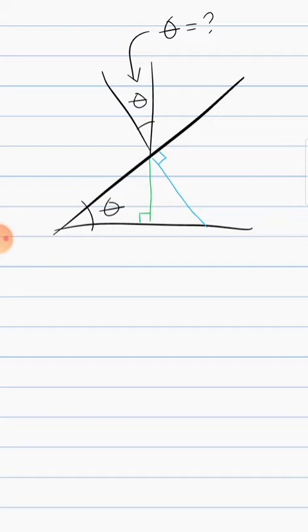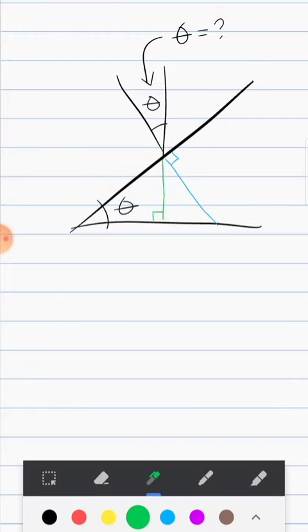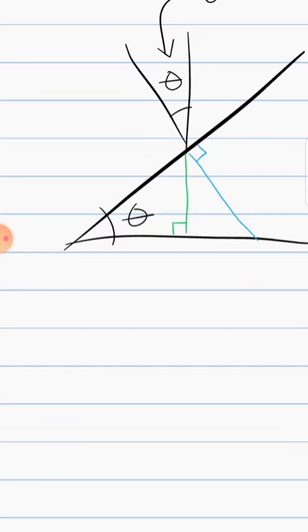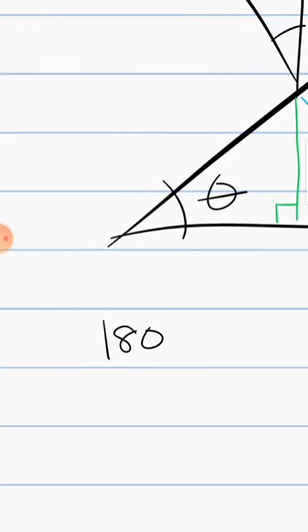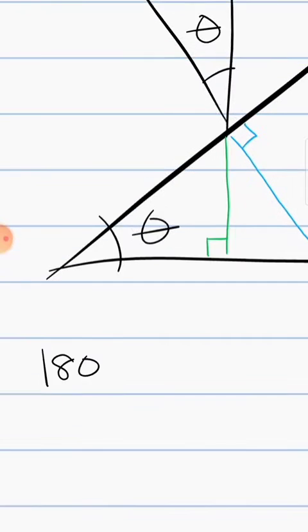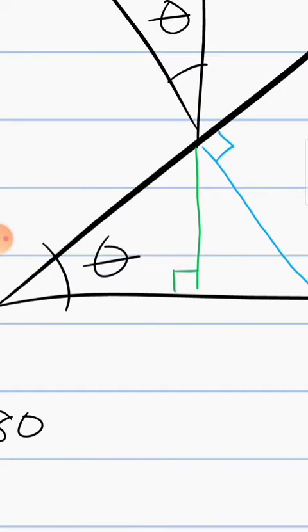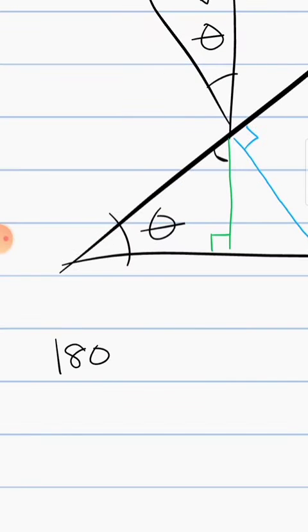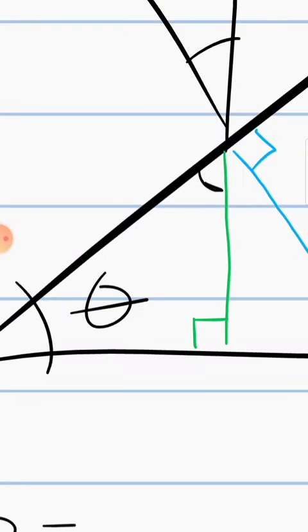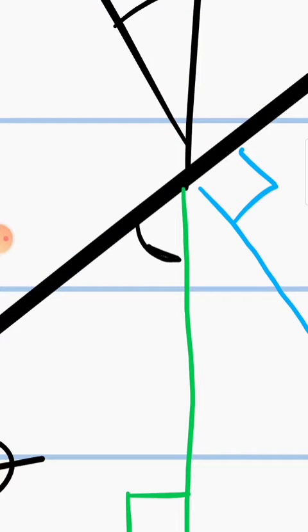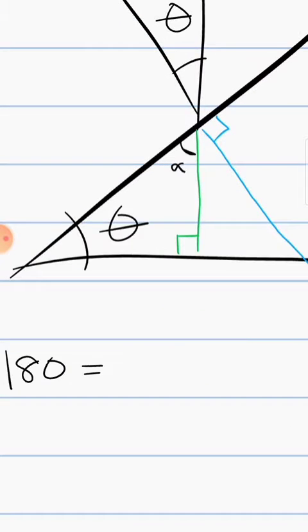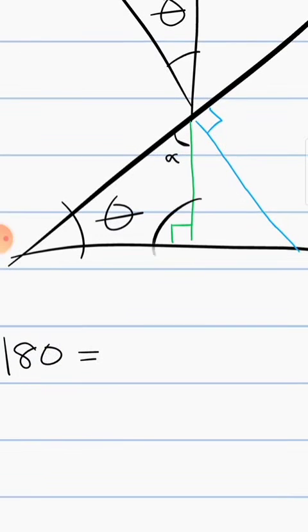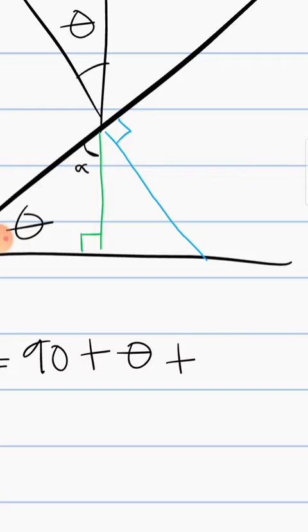a relation. So just take note always that the sum of the interior angles of a triangle is always equal to 180. So if we have 90 here and theta here, what is this angle here? If we equate that, let's say this angle is alpha, then that would be 90 plus theta plus alpha equals 180.